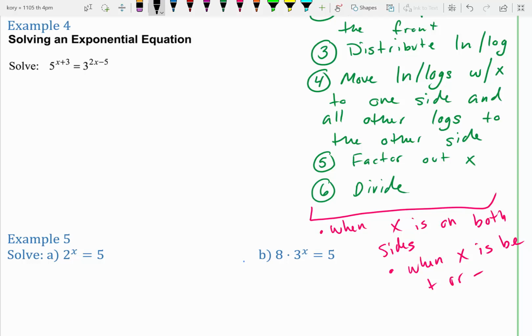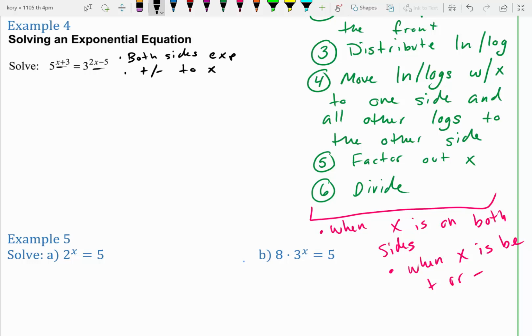Both sides have an exponent. And then what's happening to those exponents? Yeah, you're adding and subtracting to it. Those are the 2 differences between example 4 and example 5.